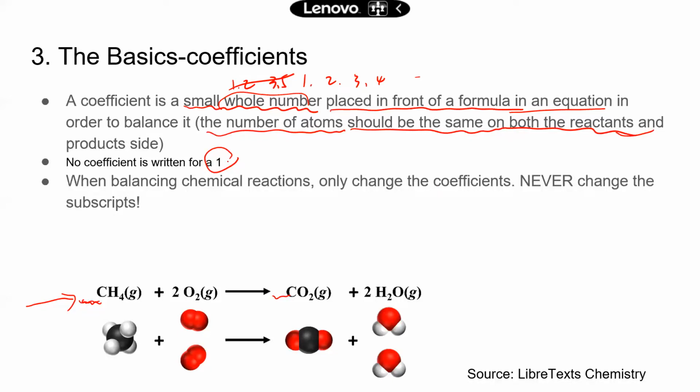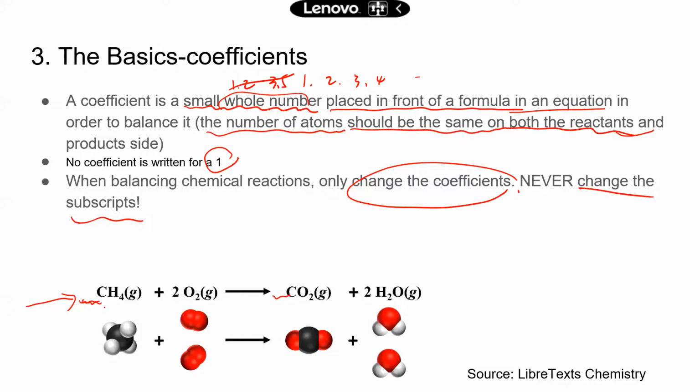When balancing chemical reactions, like I said, you are changing the coefficients, right? Those are the numbers you need to figure out. And you can only change or adjust the coefficients. Never, ever change the subscripts. Because if you change the subscripts, you are changing the chemical, right?